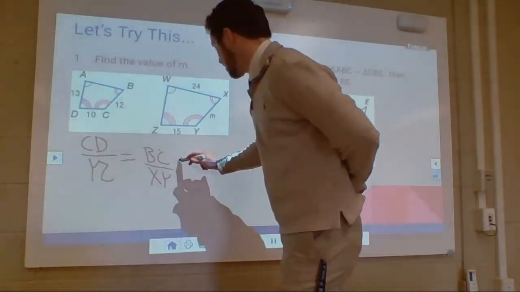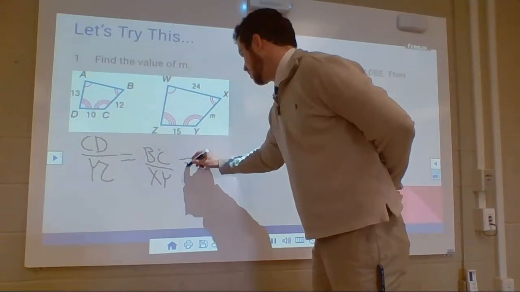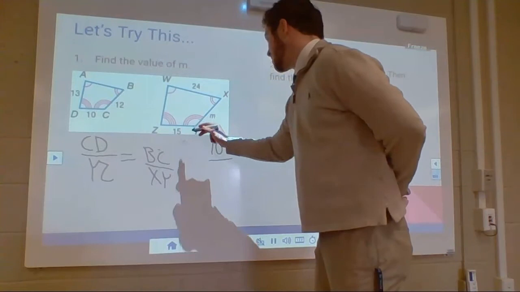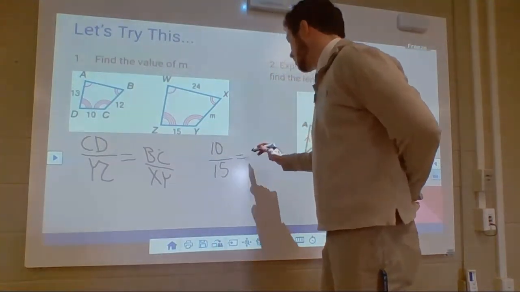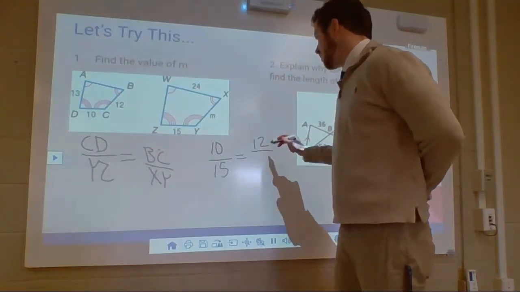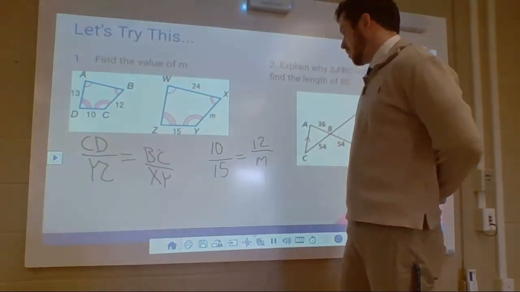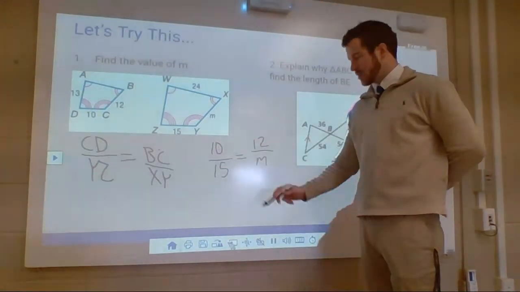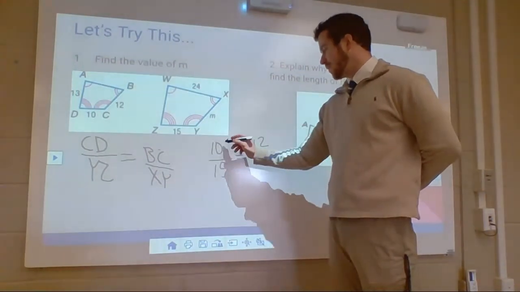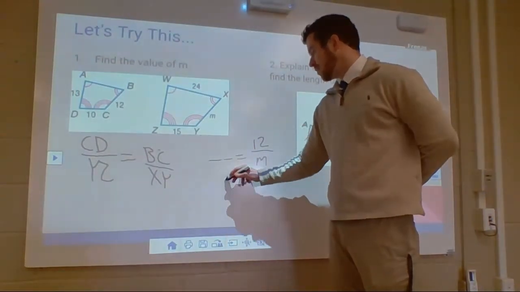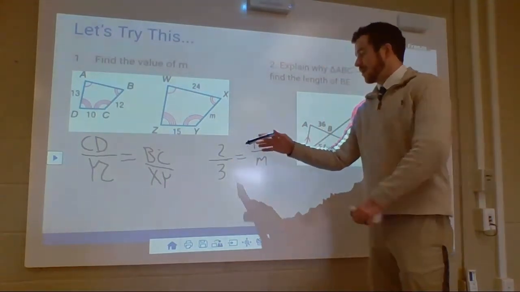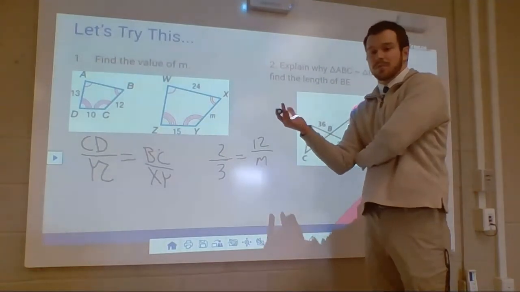So now I'm going to substitute in for those values. Say CD is 10 and YZ is 15. And then BC is 12 and XY is m. Now one thing you can do, you do not have to do this, but it might help if you go ahead and simplify that fraction. So 10 over 15 simplifies to 2/3. So now think back to something you learned probably in about 6th grade.